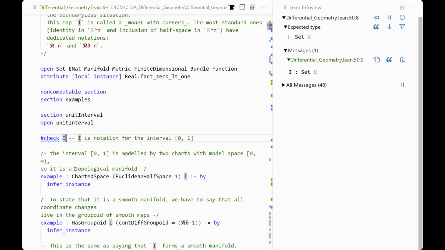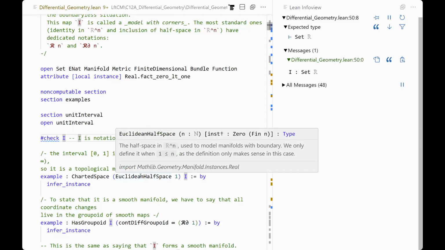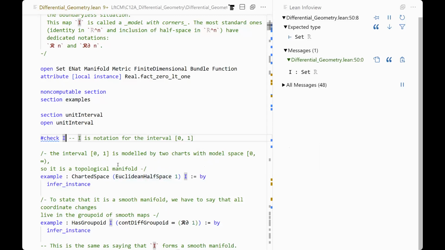This Euclidean half space works in R^n, but for R^1, it's just the interval from 0 to infinity. And then we say that is the charted space structure on I, and this is something that is in Mathlib.